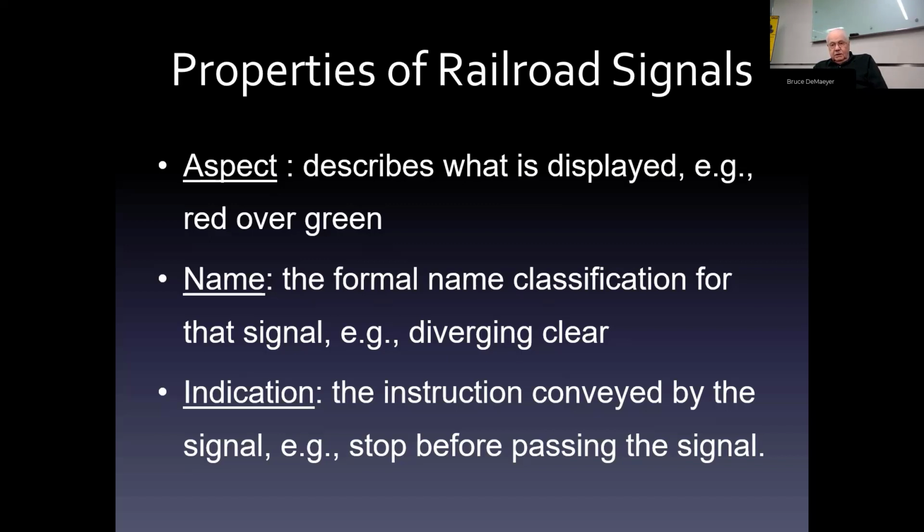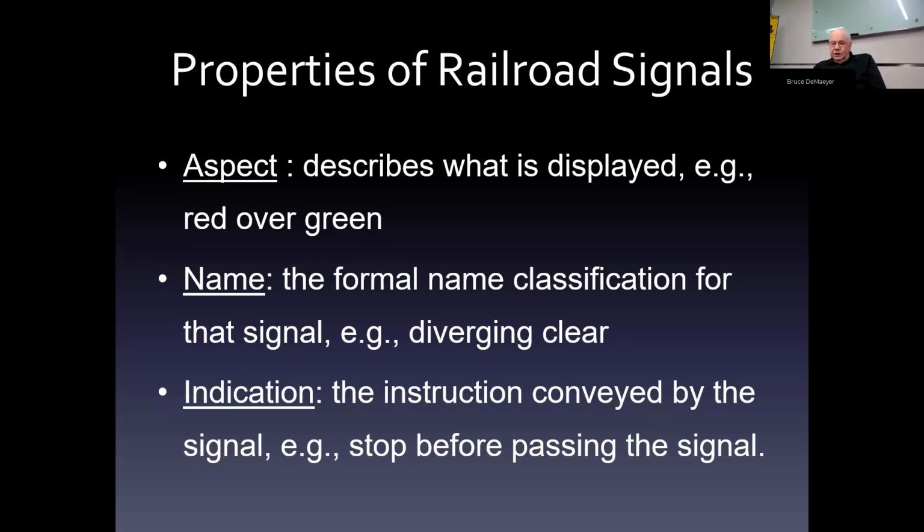Aspect of a signal describes what's displayed, for example, red over green. The name of the signal is the formal classification for that signal, for example, a diverging clear.